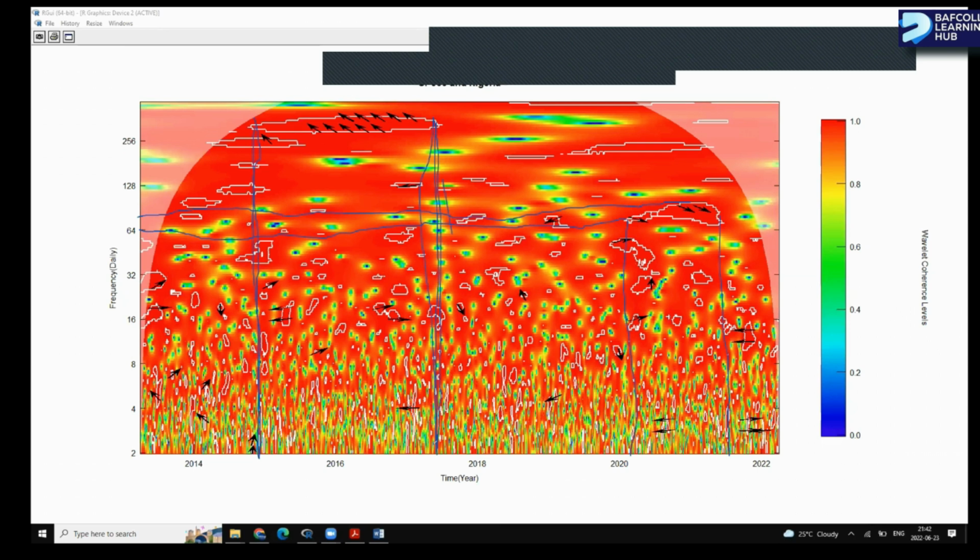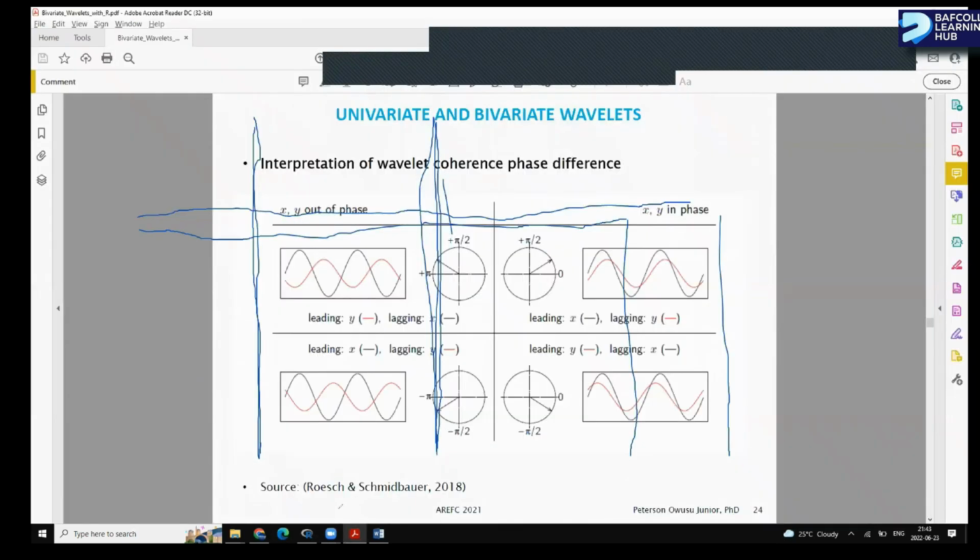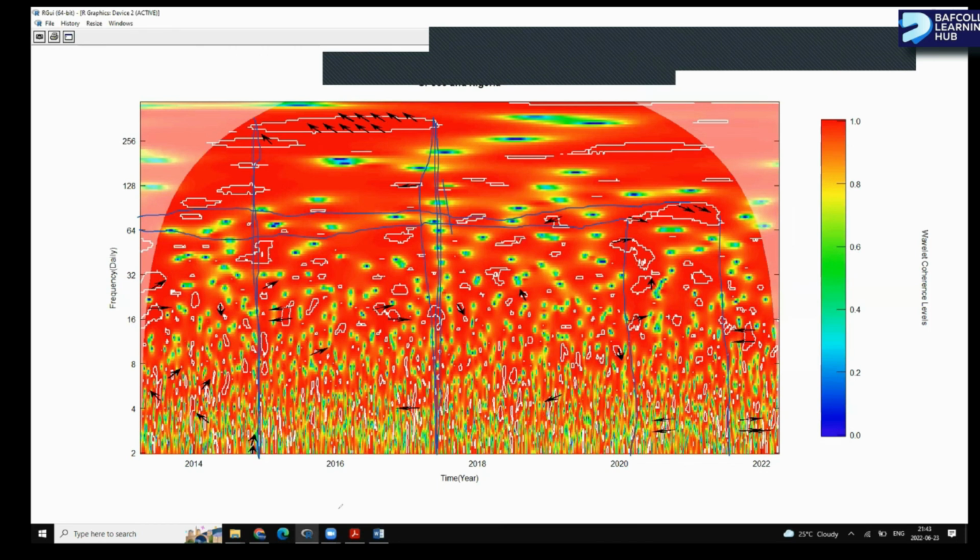So between 2015 and about the middle of 2017, the Nigerian stock market and the S&P 500 are moving in opposite directions, and X is leading. Oh, let me see. S&P 500, X is leading. Okay, that makes sense. S&P 500 is rather leading in the long term. See, so you see how the relationships differ.